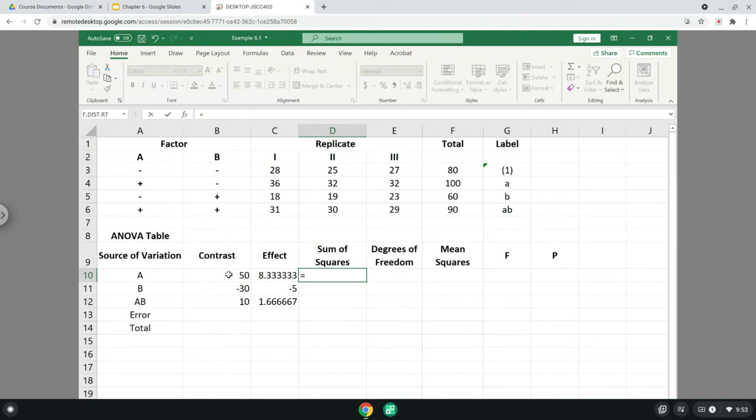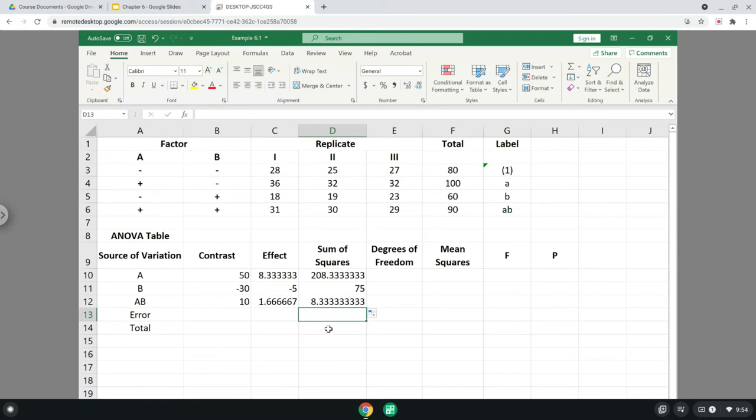Equal to contrast square divided by 4n. So 4 times 3 replicates, 4n, and that is the value you got. Then you can drag it for factor B, interaction effect AB, sum square error.